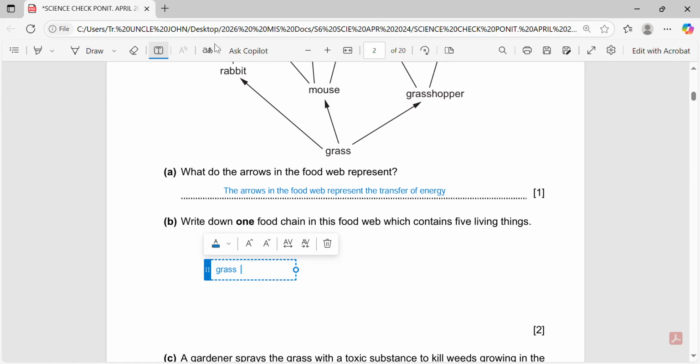Grass, then grass, the grasshopper, then frog, snake, then hawk.